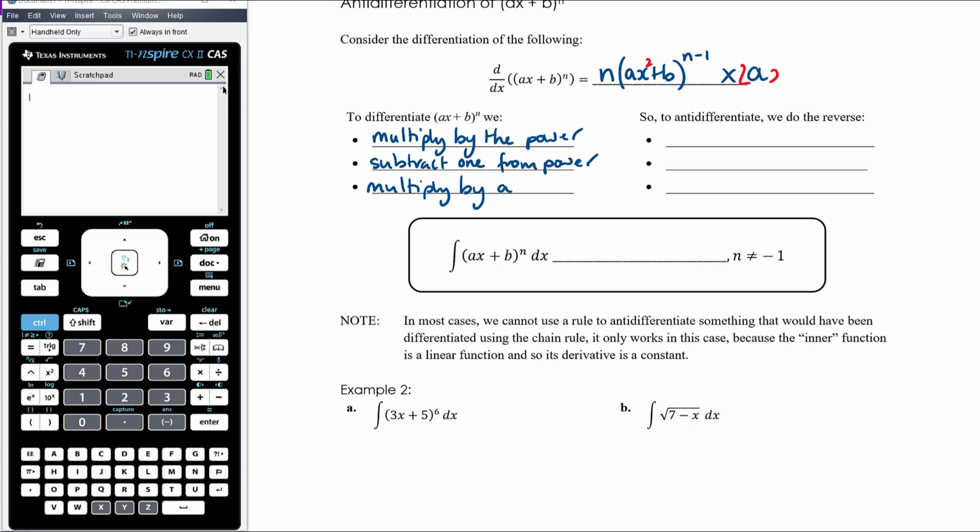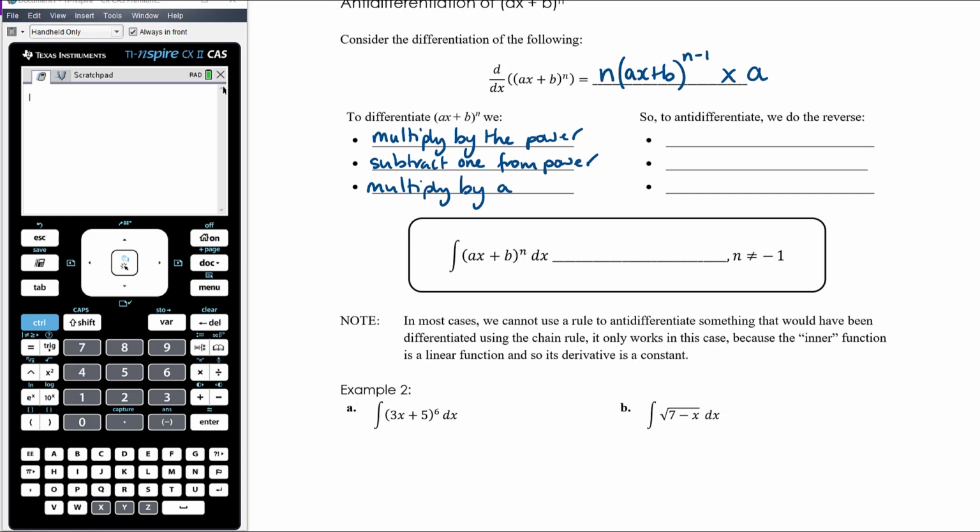So the only reason we can reverse the chain rule in this instance is because the inside function is a linear function, and therefore the derivative of that inside function is a constant value, and the opposite of multiplying by a constant value is just to divide by that constant value. Okay, so we can reverse it only because we just have a linear function inside the power of n. If it was anything else, we would need other techniques to be able to anti-differentiate.